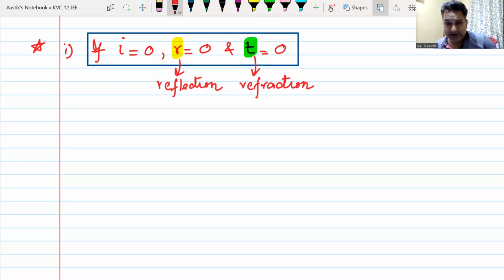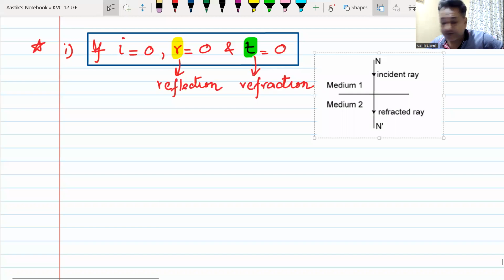Now, in that case, what will happen? The light will be falling normally. It will actually not bend. When it goes from the first medium to the second medium, medium 1 to medium 2, incident medium to the refracted medium, it will not bend, but still that phenomenon is known as refraction.